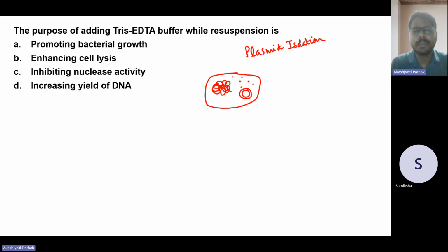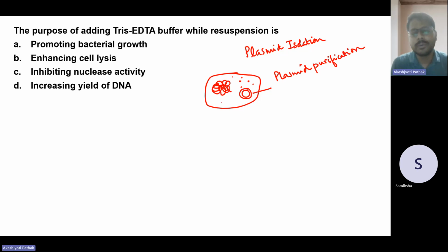So how will you isolate the plasmid from all these different components present in a bacteria? This is called plasmid purification. There are commercial kits by which you can isolate the plasmid. There was a demo shown in the lectures in week one, showing how you purify the plasmid from a bacterial cell.